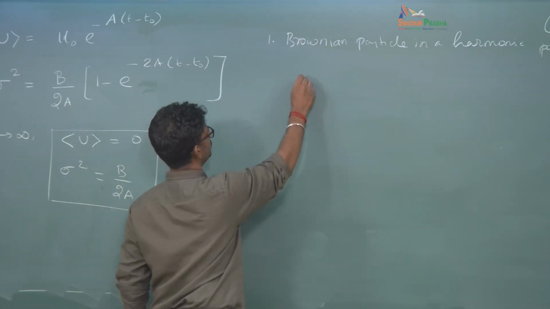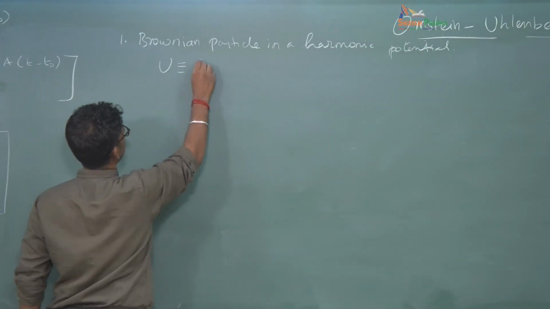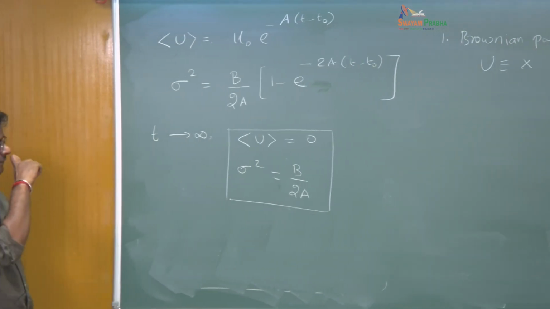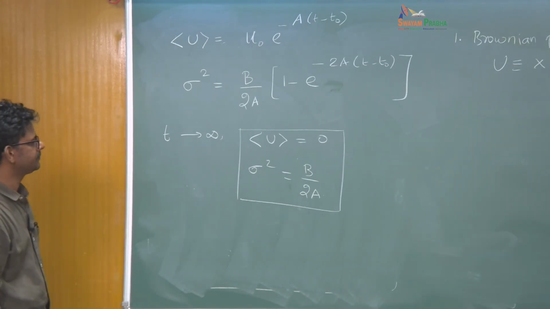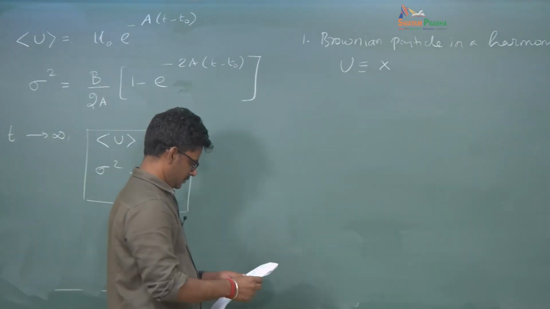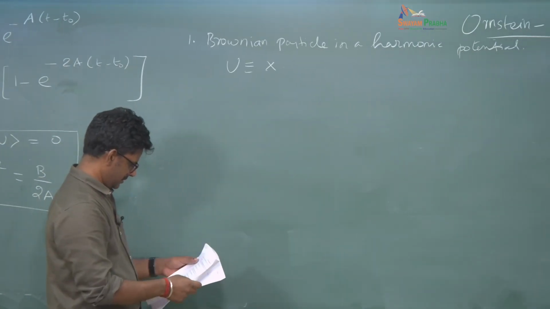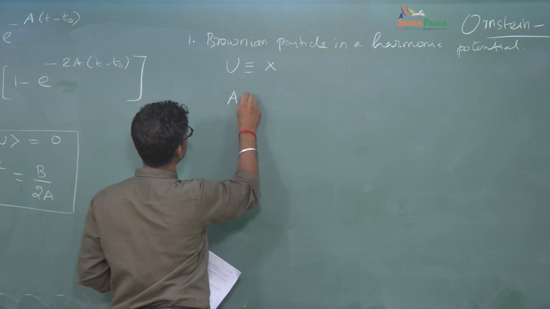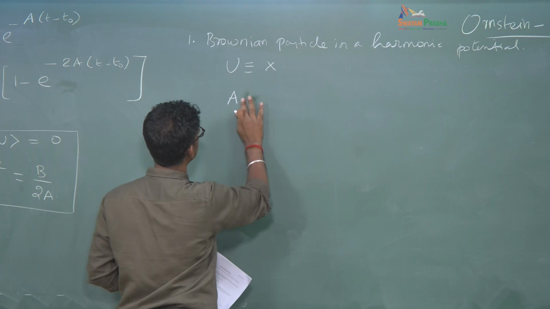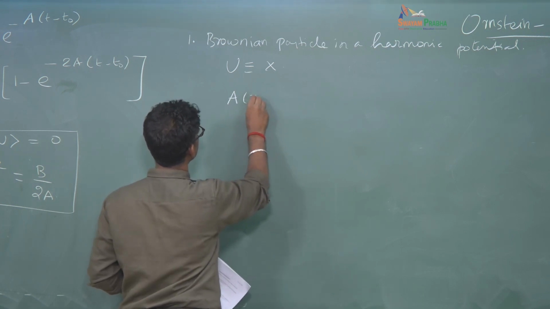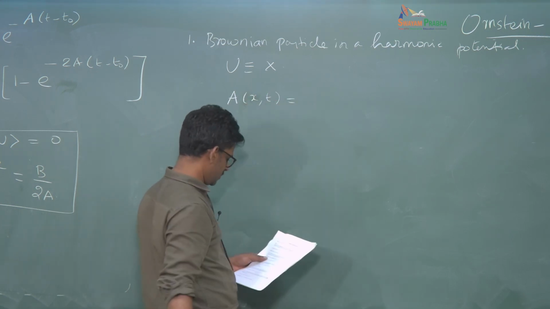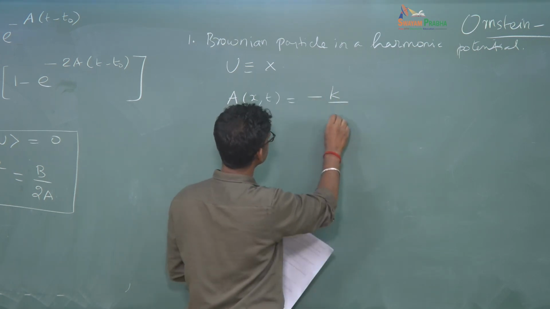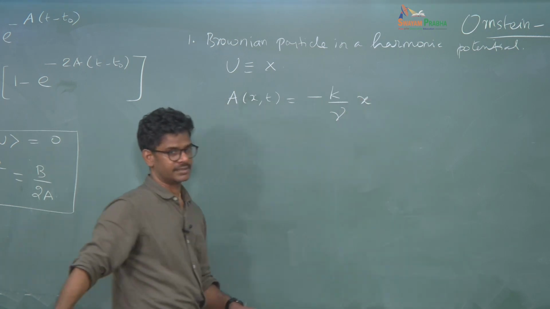So we say that u here is actually x, the position of a Brownian particle confined by a harmonic potential. So in this case, our A of x comma t was k by gamma x.